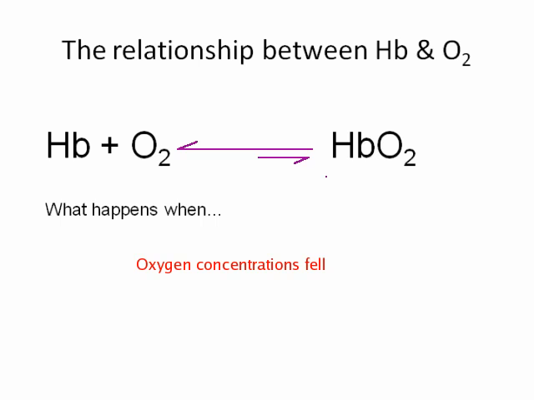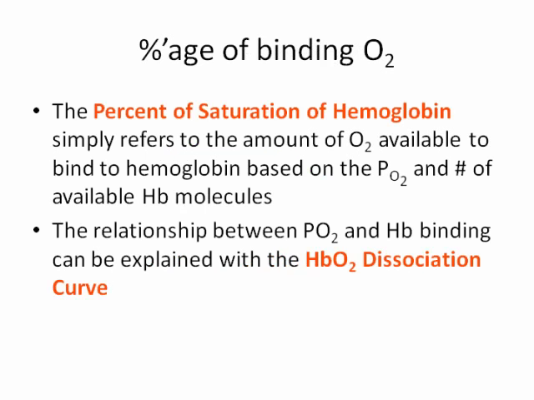We can look at this as something referred to as the percent of saturation of hemoglobin: how much oxygen is available, and how much of that available oxygen is going to bind to or load onto the hemoglobin. Again, this is a recurring theme, nothing new: it is all based on pressure and the number of available hemoglobin molecules.